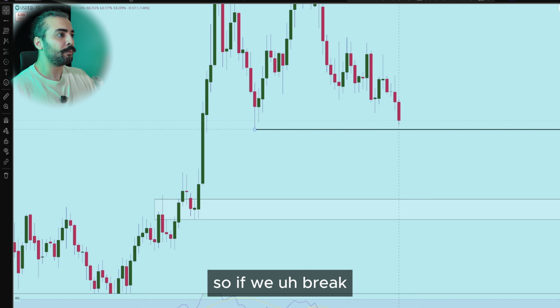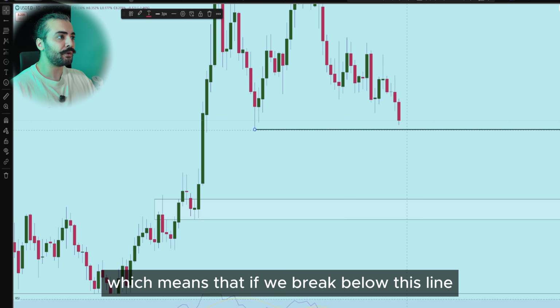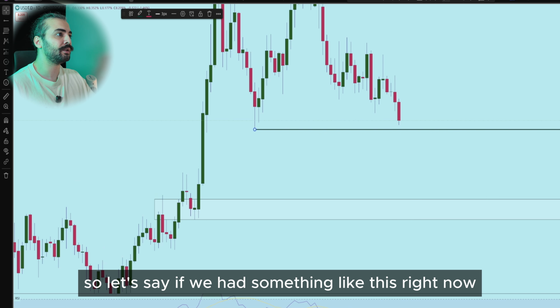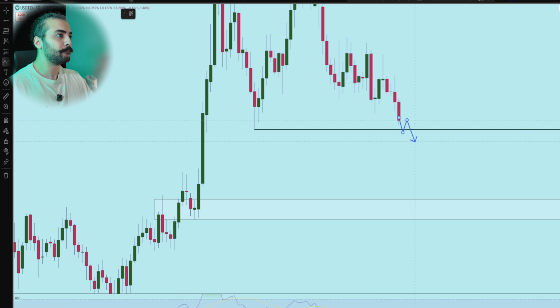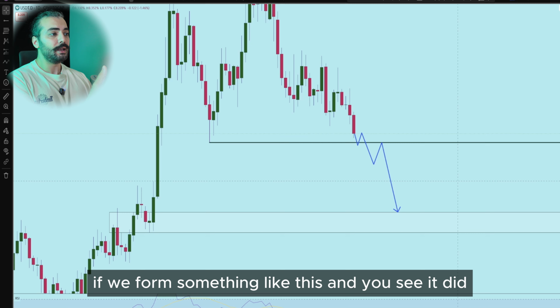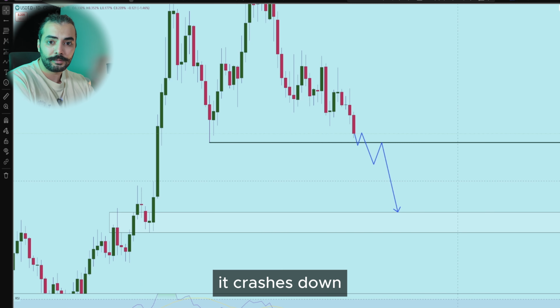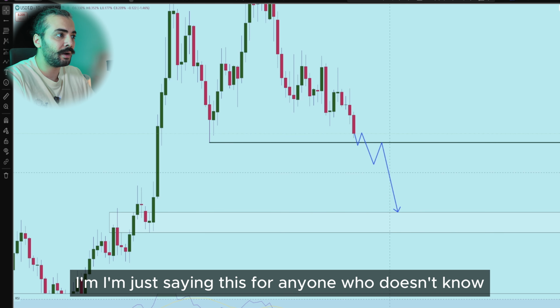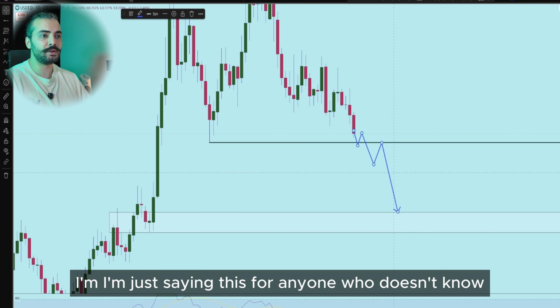So if we break below this line and we go all the way down here, let's say if we had something like this, right now it's forming it. If we form something like this and USDT crashes down, then it means that the market is going to pump. I think you know this better than me, and I'm just saying this for anyone who doesn't know.